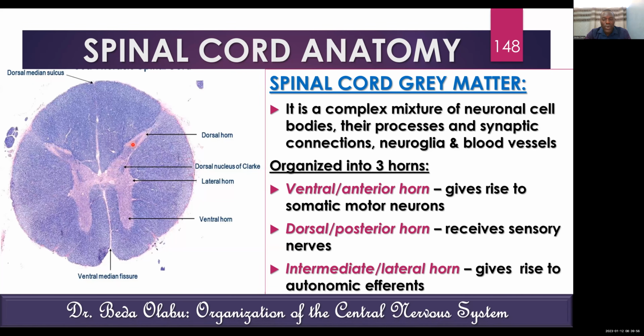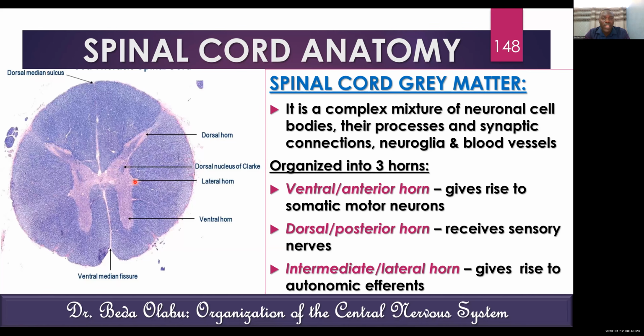The intermediate horn is not necessarily present in the whole of the spinal cord. It is only present in some regions. So which regions of the spinal cord have the intermediate horn? From segment T1 to L2 or sometimes L3 of the spinal cord, and segments S2, S3, and S4.